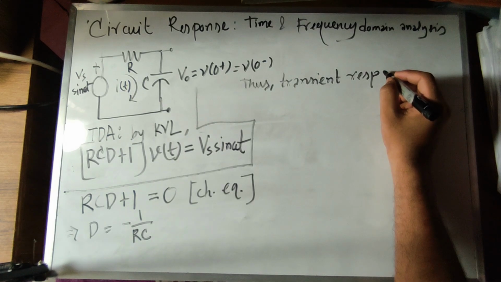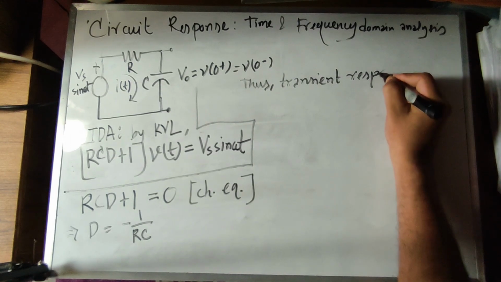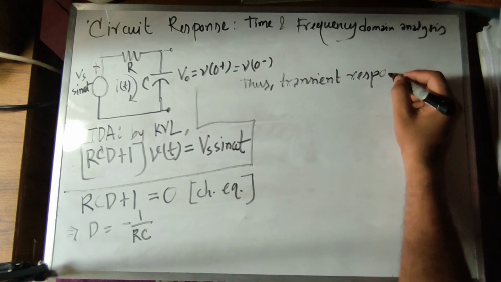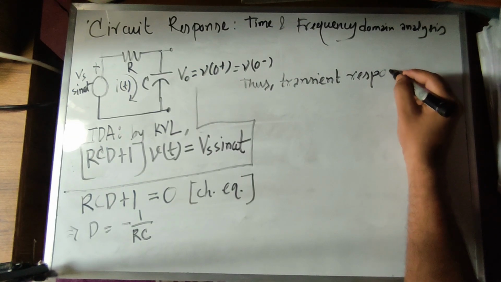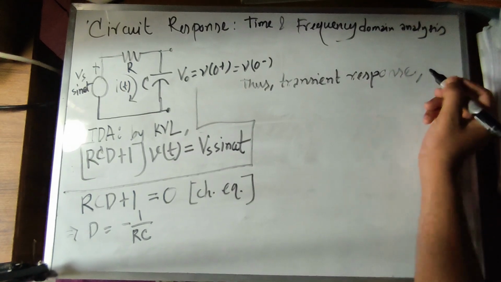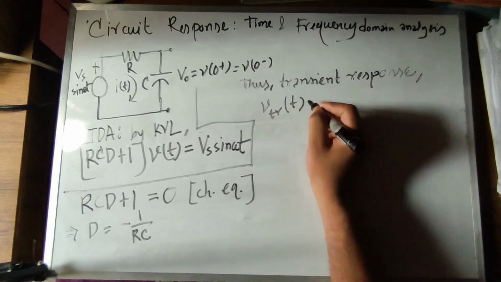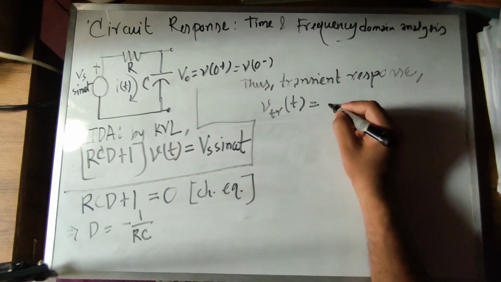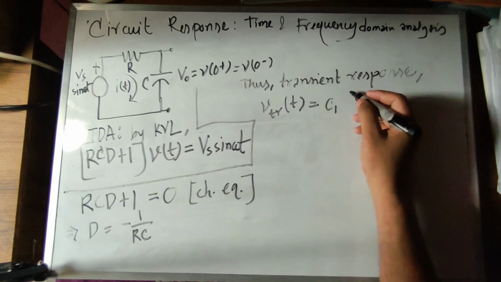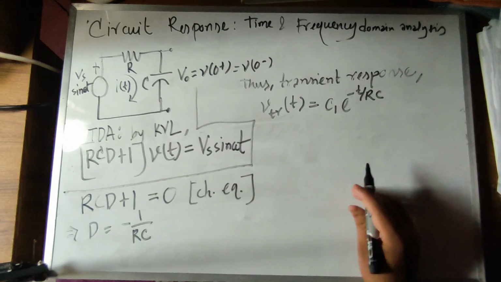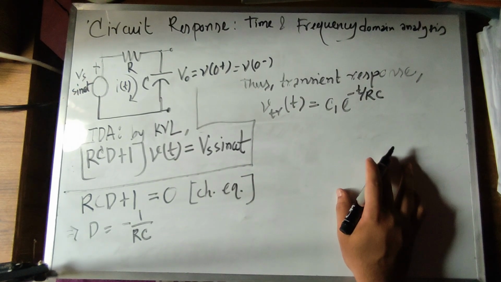So the complementary solution is the transient response of any linear system, be it electrical or mechanical or anything. So the response V_TR in time domain is C1, which is the arbitrary constant, e to the power minus t by RC. This is the transient response.